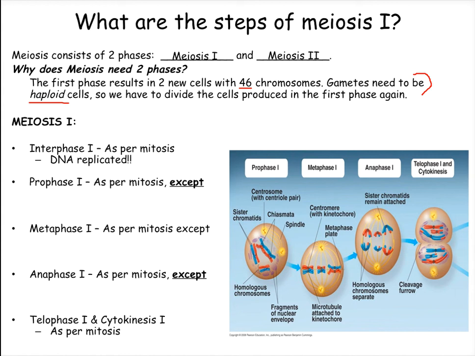All right, from there, we will move into prophase 1. Prophase 1 will have many similar events going on, just like prophase does in mitosis, except 2 events that are unique to prophase 1 that we don't see in mitosis, and that is the formation of a tetrad.